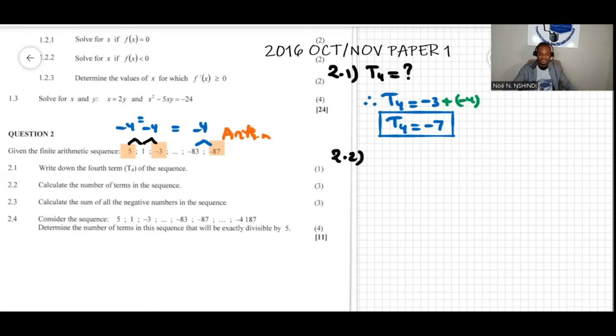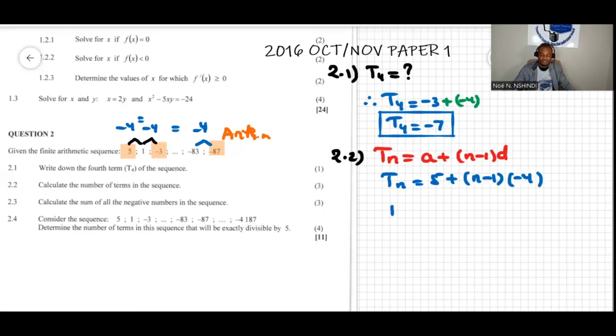by writing the formula of arithmetic sequences, Tn equals a plus n minus 1 times d. Now we do know a, the first term, which is 5, plus n minus 1 times d, the constant difference, which is -4.